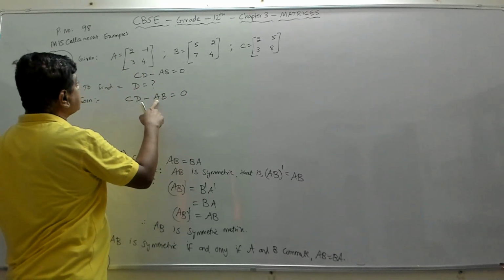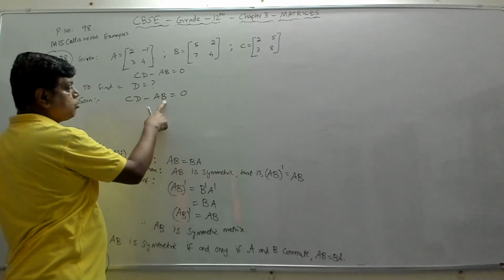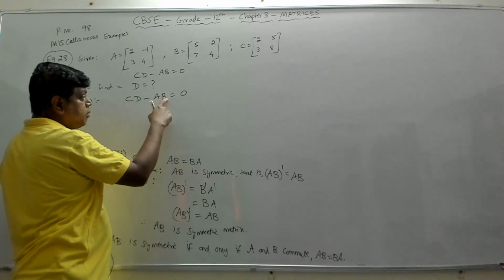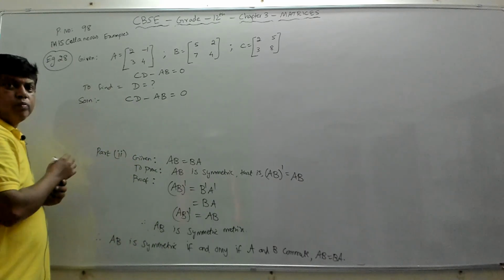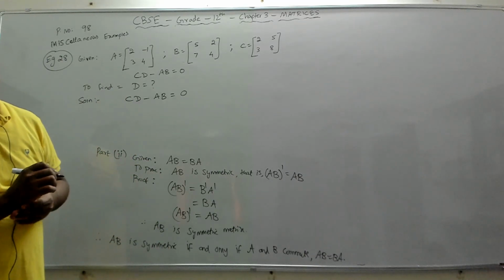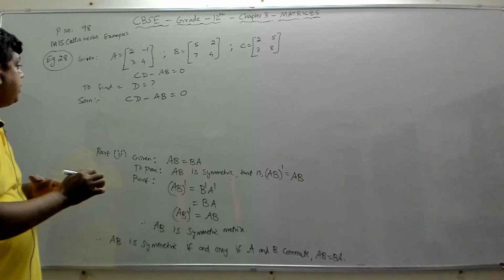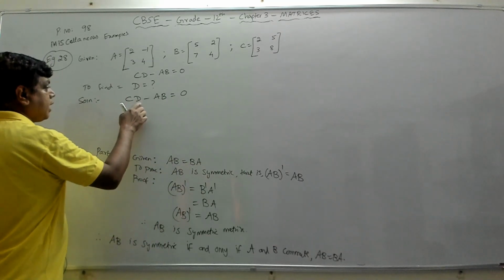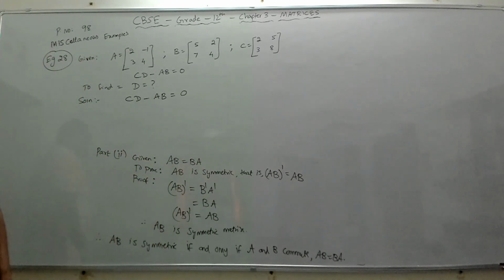Order of A is 2 cross 2. Order of B is 2 cross 2. When you multiply, you will get the order 2 cross 2. So the order of AB is 2 cross 2 and the order of C is 2 cross 2. Therefore, the order of D also must be 2 cross 2. Only then you can multiply and subtract these two.